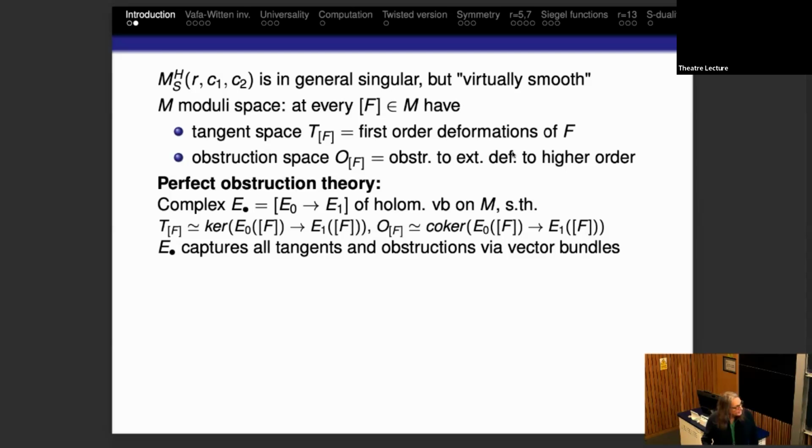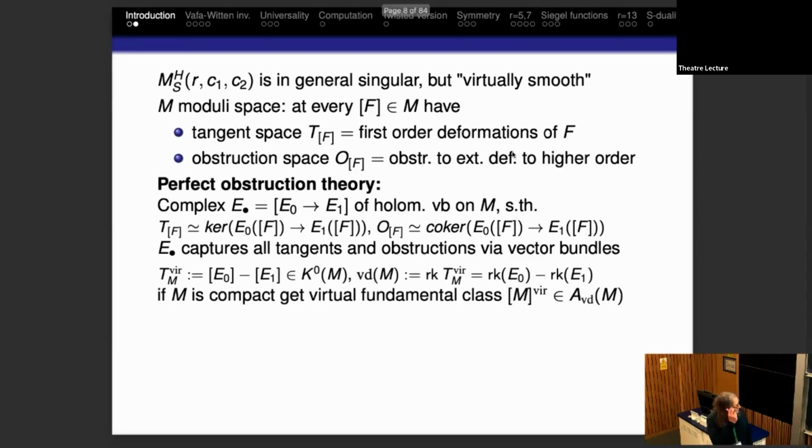So that means we have two vector bundles on the moduli space with a map between them, which captures everything about tangents and obstructions. In that case, we call the virtual tangent space the formal difference between the tangent space, E_0 and E_1. And the virtual dimension will be the difference of the ranks.